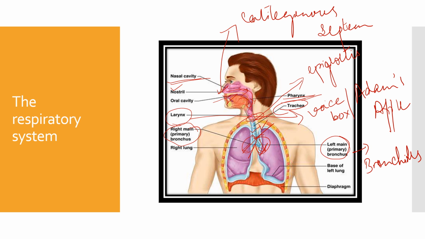The smallest tubes of respiratory bronchioles are about 0.5 millimeter in diameter.